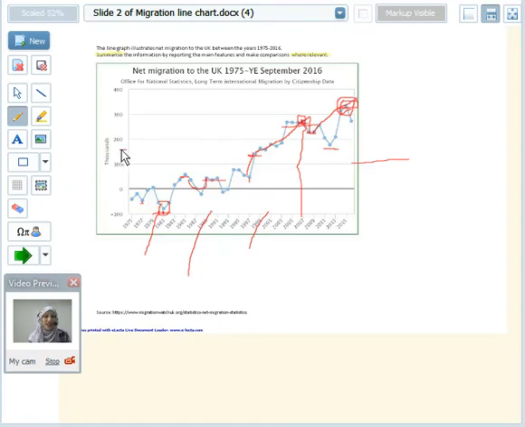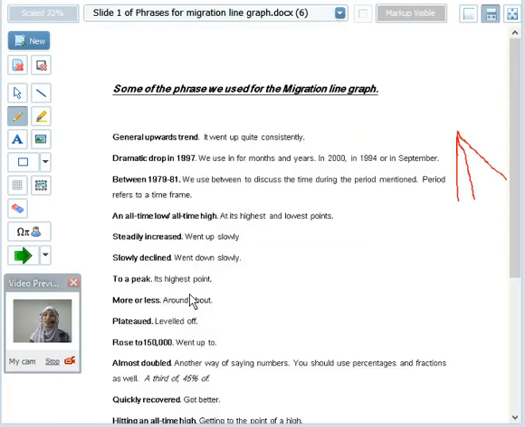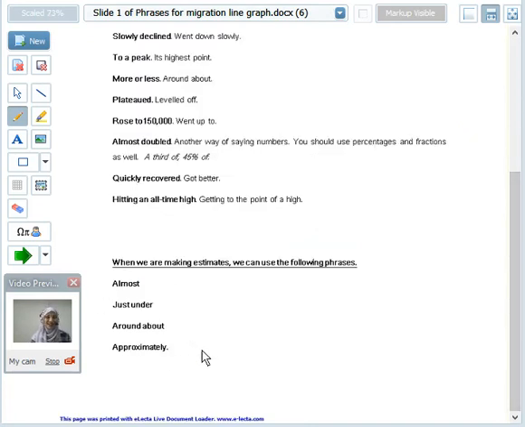You can say it's around about 150,000. It's more or less 150,000. You can use these phrases for approximations to help you do that. It takes the pressure off a bit. So they're quite nice to use as well when we're doing estimates.